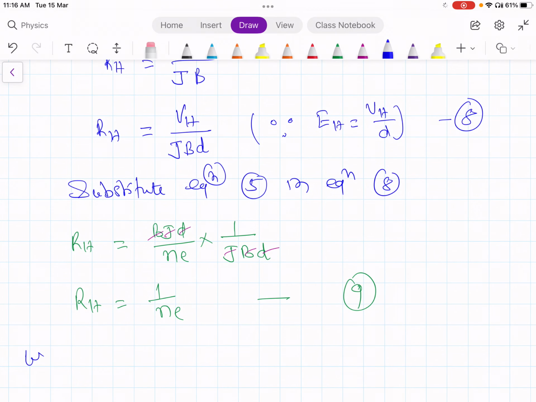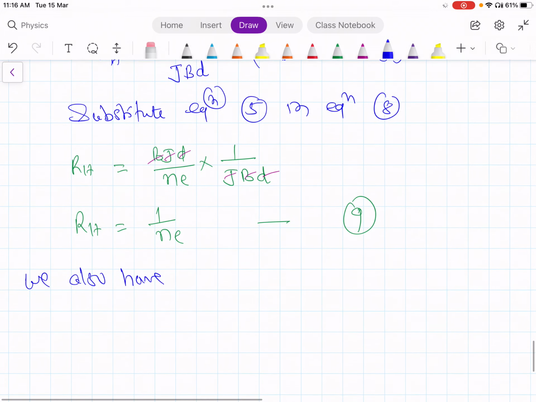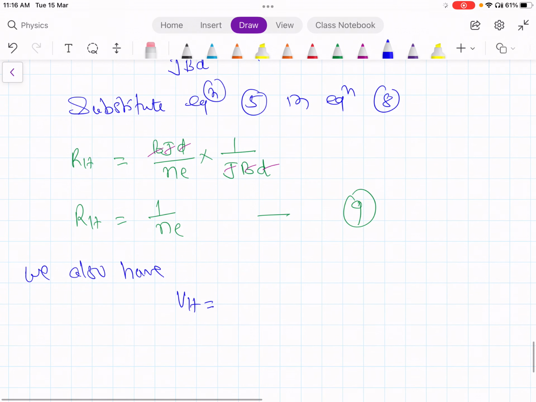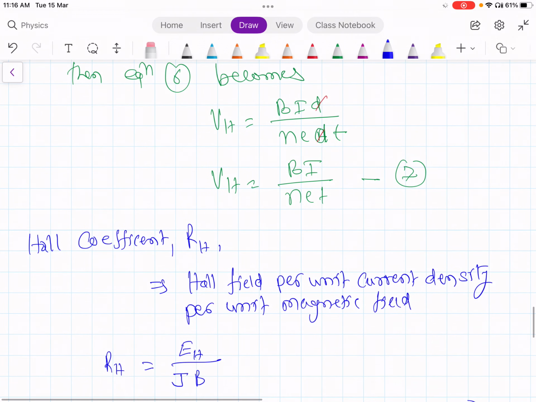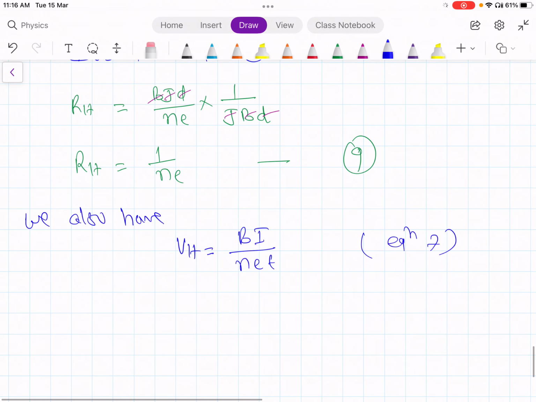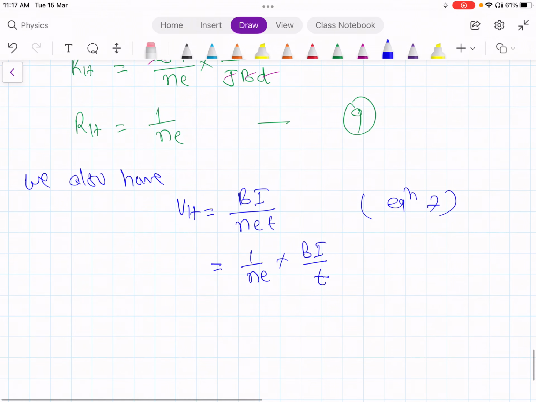We also have in this case VH equals B I upon N e t, as per equation 7. See, equation 7 is VH equals B I upon N e t. That means 1 upon N e into B I upon t. And this 1 by N e is nothing but RH.